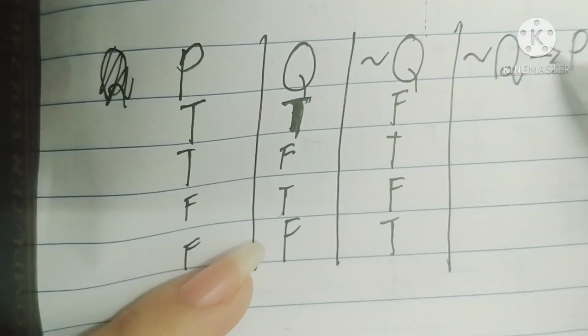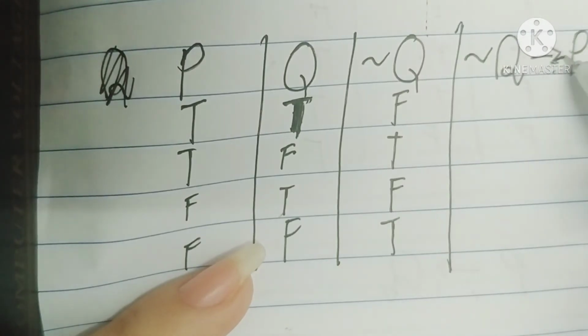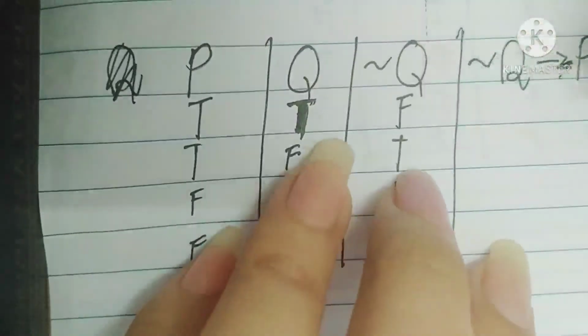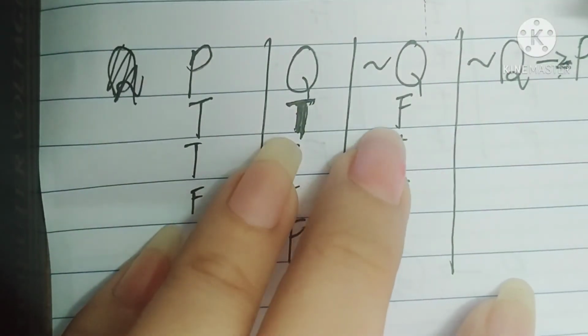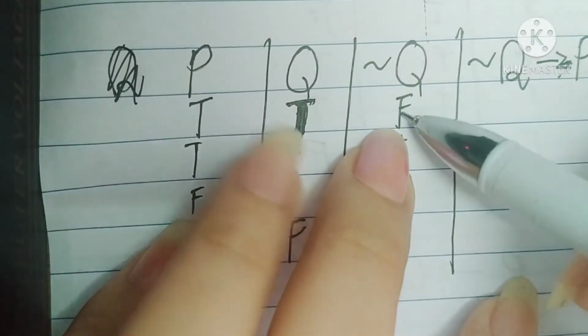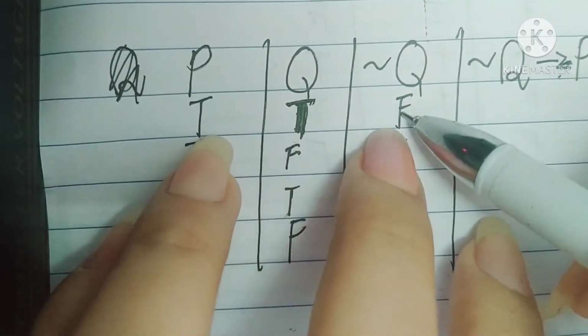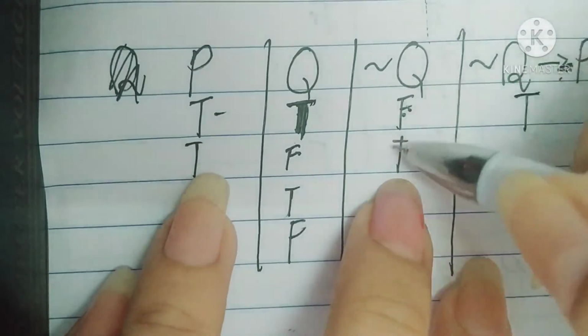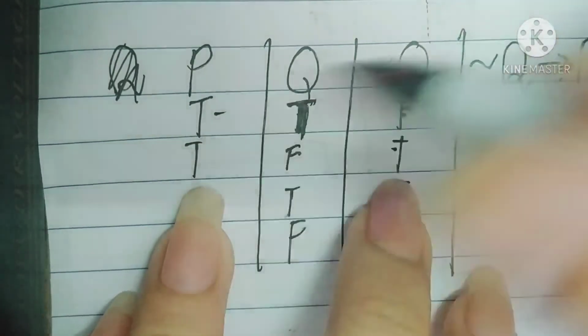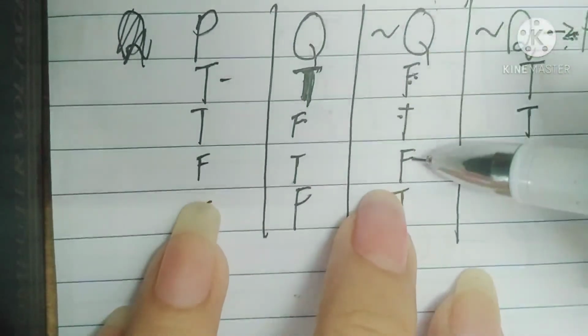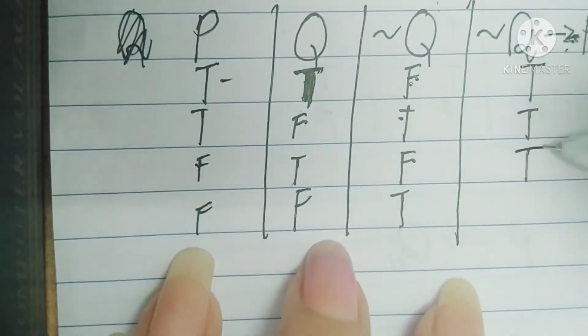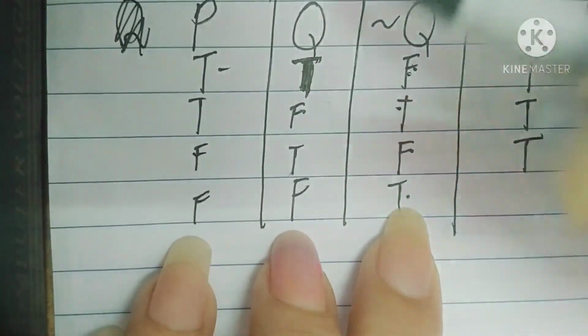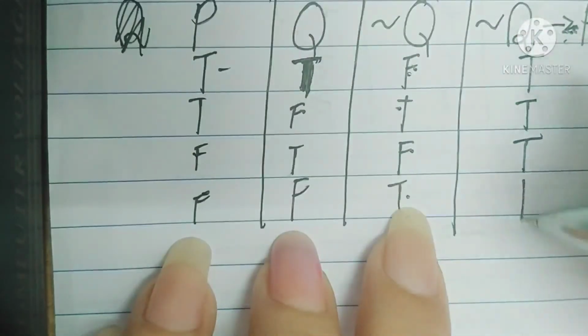So remember, in an implication, if the first statement is true and then the second statement is false, it is false. So let's try to solve now. We have F then true, that is true. True then true, that is true. False then false, that is true. True then false, that is false.